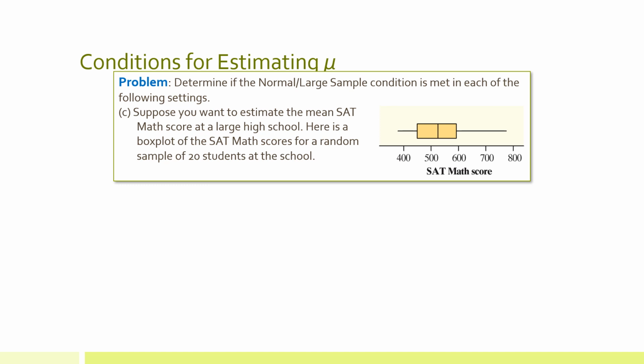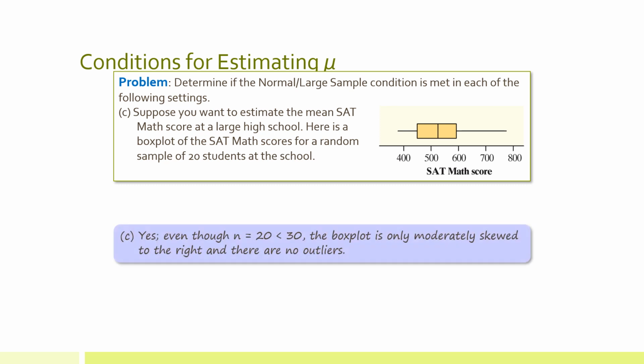Go ahead and pause the video. Okay, and coming back. Even though 20 is less than 30, the box plot is only moderately skewed to the right and there are no outliers. Again, skewed to the right because if you look at the right-hand side, the quartile 4 line is a little bit larger than the quartile 3 line or quartile 1 line. So your whisker, if you will, on your right side is a little bit bigger, so it's moderately skewed, but it's not strong. So, nope, we can still do it.